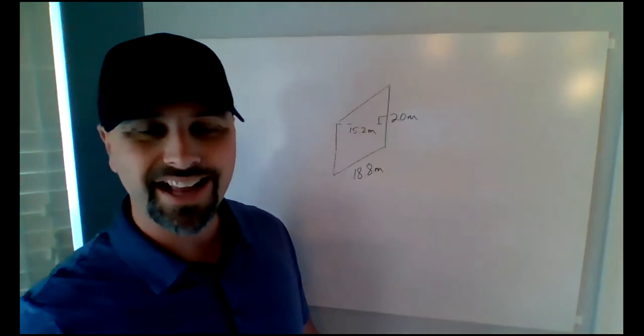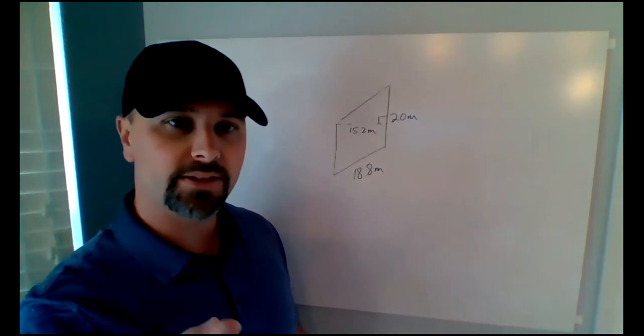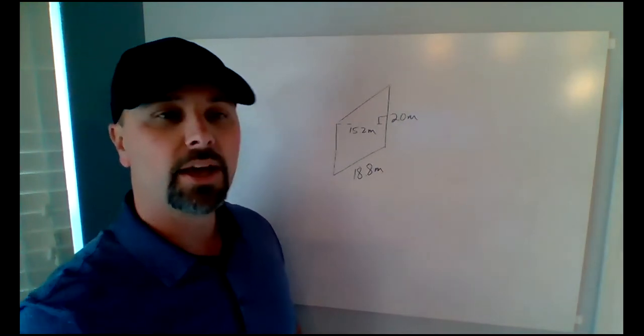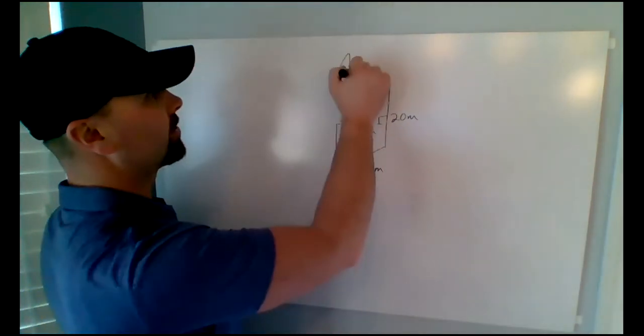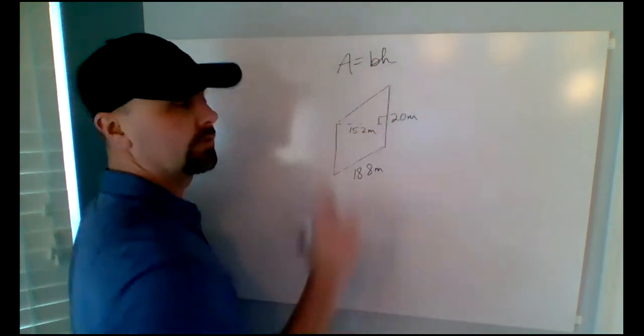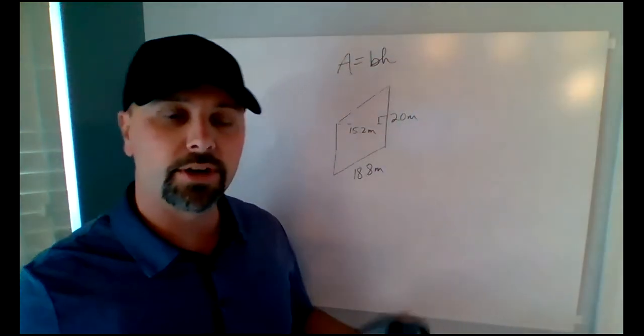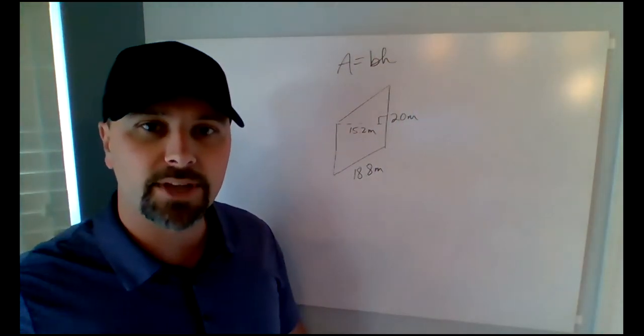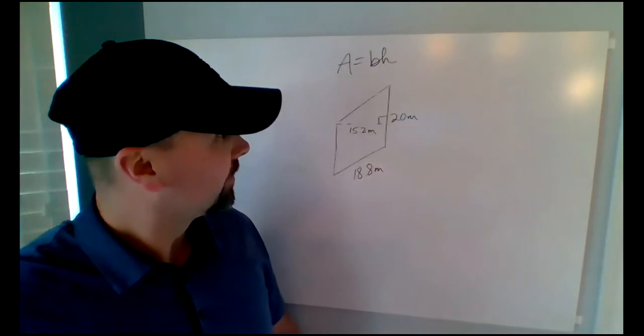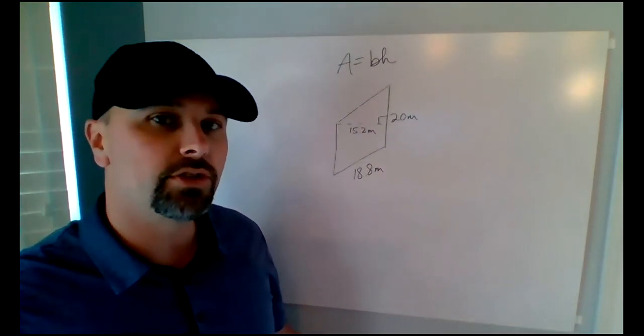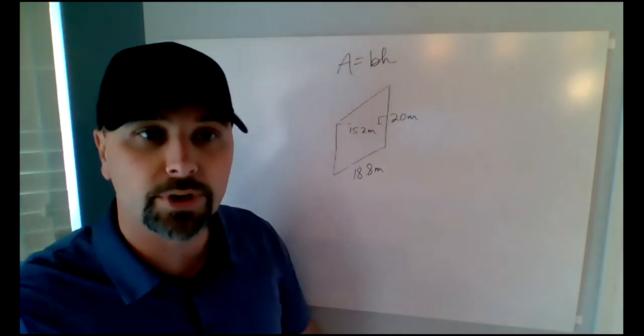So here's where we have to know that our base and our height have to hit at 90 degrees. If you look this formula up, for a parallelogram the formula is base times height. And so here's 3 numbers, we only need 2. Which ones do we need and how do we know what they are?